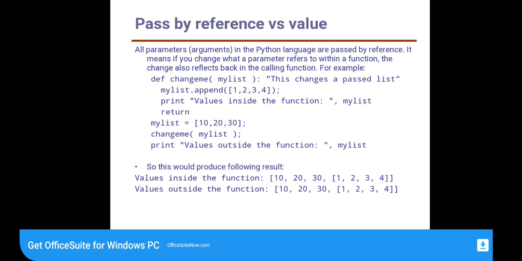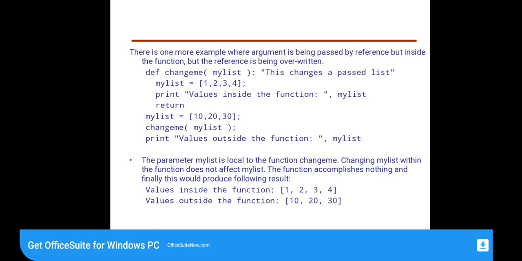Here mylist dot append 1, 2, 3, 4. This list will be appended in mylist. So the value will be passed as a reference. This would produce the following result. Values inside the function 10, 20, 30. Then 1, 2, 3, 4. The list will be displayed on the screen.